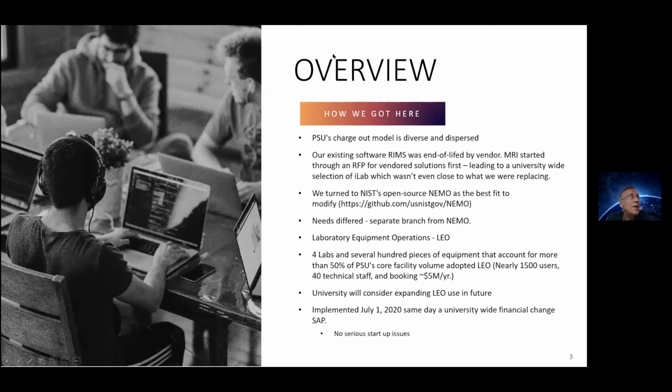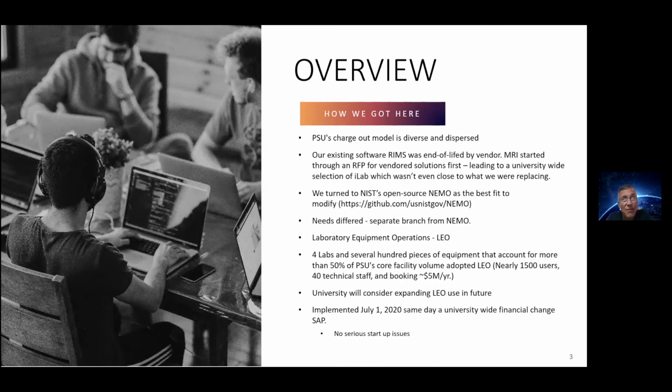So how do we get here? Penn State is a fairly large organization, as are some of you out there. We've run core facilities for a number of years. Our nanofab stood up its own system working with an external vendor, called RIMS, Research Instrumentation Management System, with a private software consulting firm.